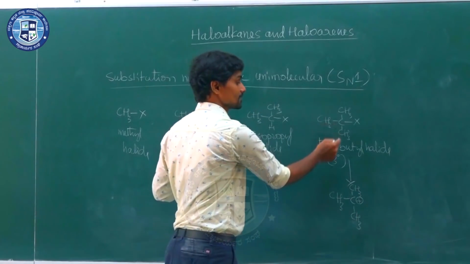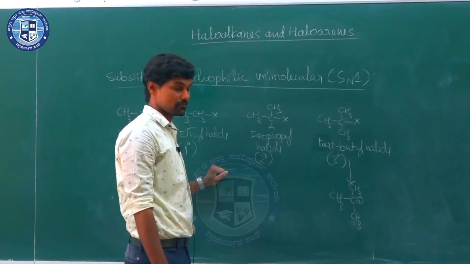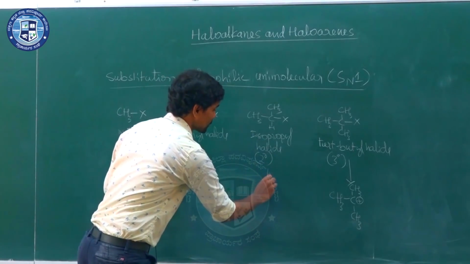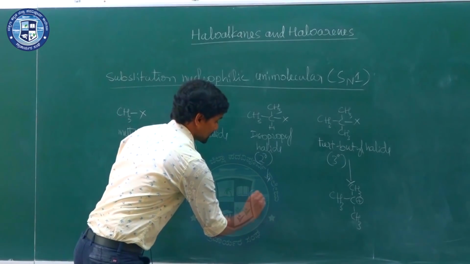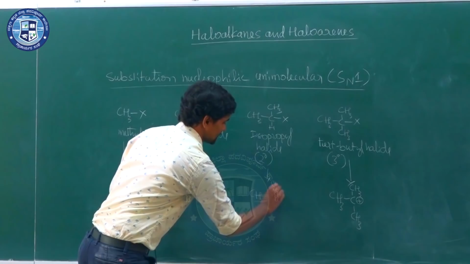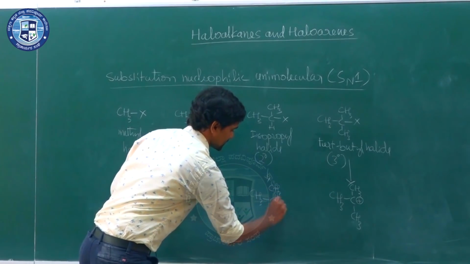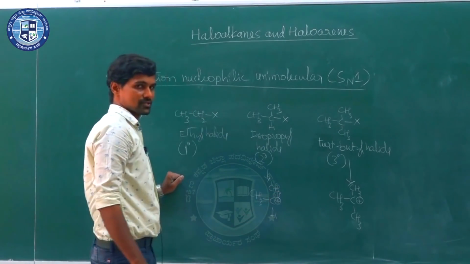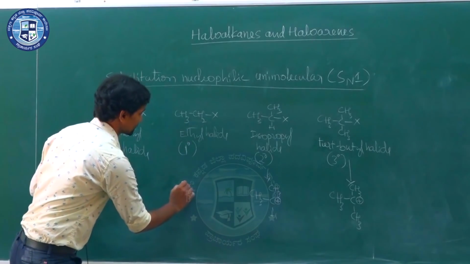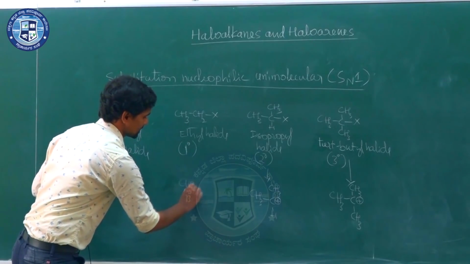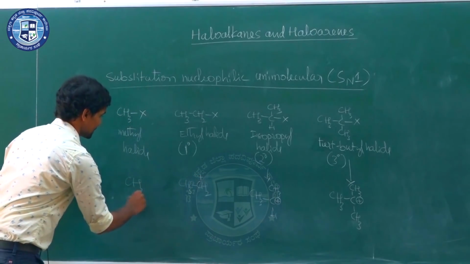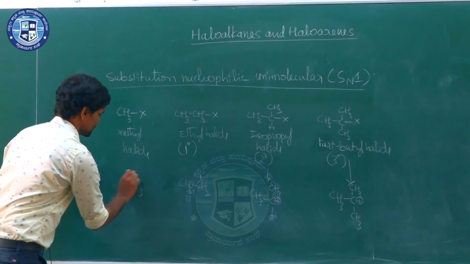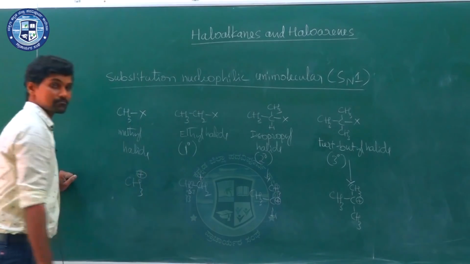If isopropyl halide takes part, you get CH3, CH3 and H, this carbocation. In the case of ethyl halide, you get CH3, CH2 plus, and in the case of methyl halide, you get this carbocation.